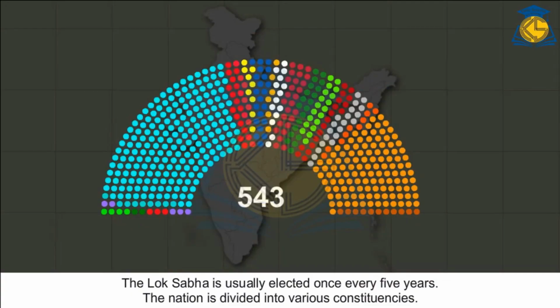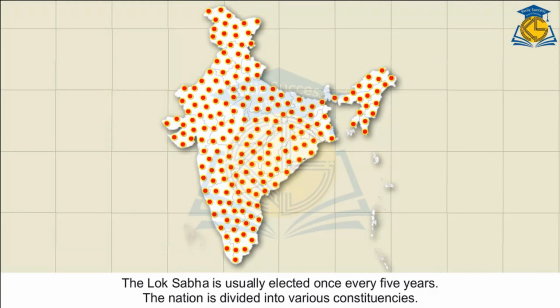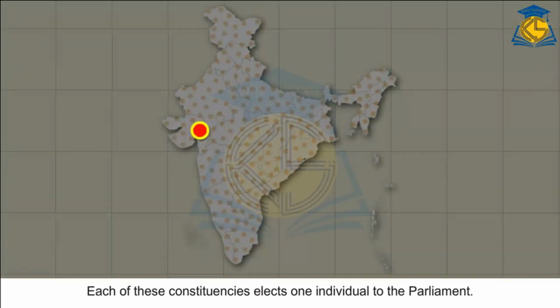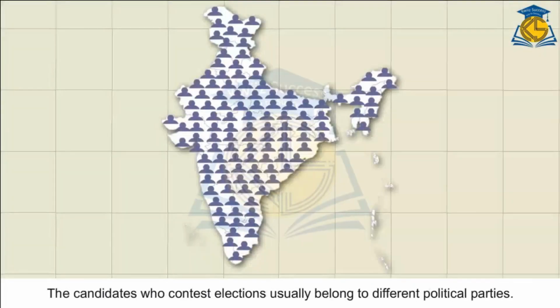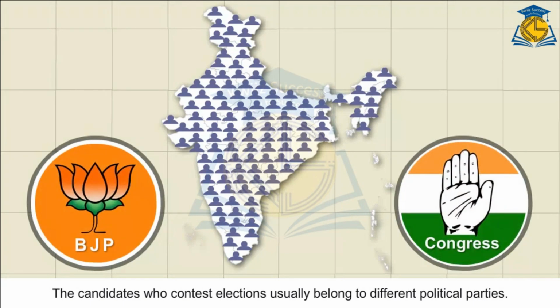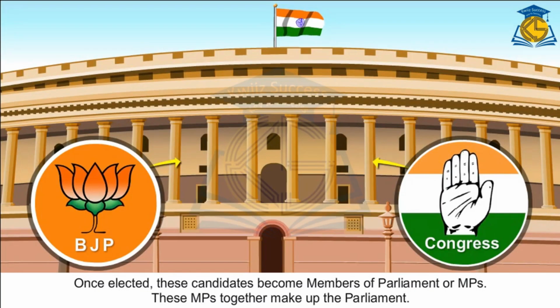The Lok Sabha is usually elected once every 5 years. The nation is divided into various constituencies. Each of these constituencies elects one individual to the parliament. The candidates who contest elections usually belong to different political parties. Once elected, these candidates become members of parliament or MPs. These MPs together make up the parliament.